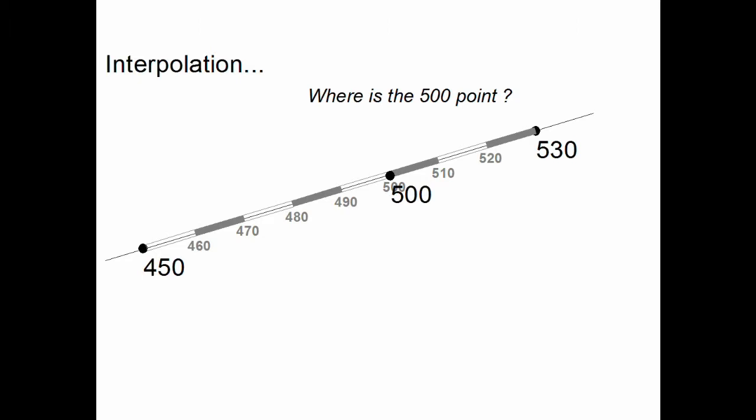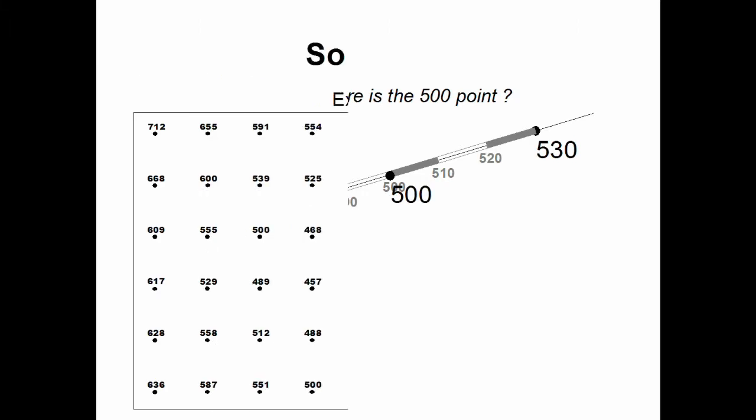Well, amazingly, this is more accurate than people might think. You probably will be within a few feet of the actual 500 elevation point. Doing this between adjacent points, one higher and one lower than 500, will give you a multitude of 500 points.